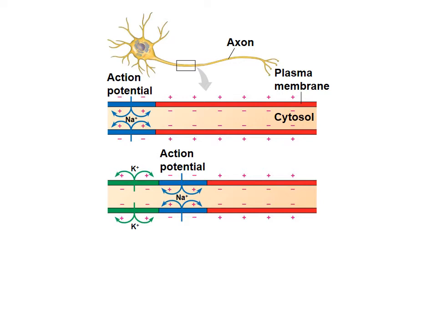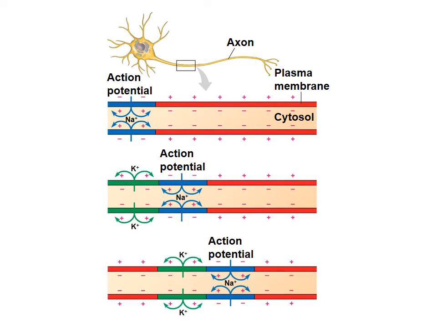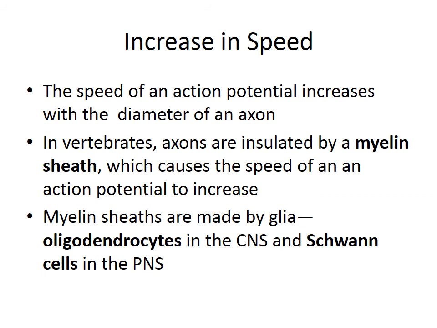So there's always going to be a slight lag, and that makes it impossible for the action potential to go backwards, which is, I think, awfully cool. So now we're going to look at the speed. How fast does it travel? Well, the speed of an action potential increases with the diameter of an axon. So the fatter the axon is, the faster the action potential is going to travel.